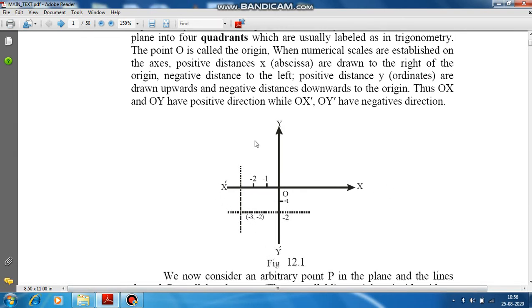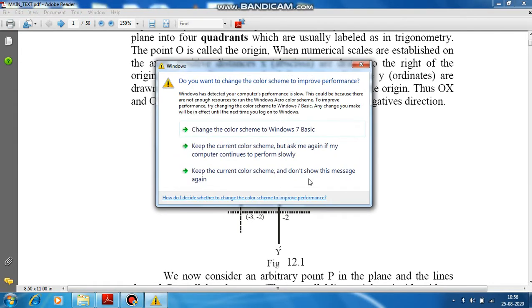In this plane there are two perpendicular lines, XOX' and YOY'. The horizontal line XOX' is called the x-axis and the vertical line YOY' is called the y-axis. Their point of intersection O is called the origin.